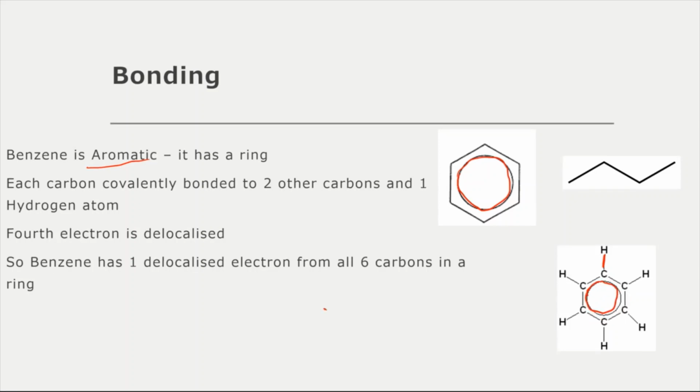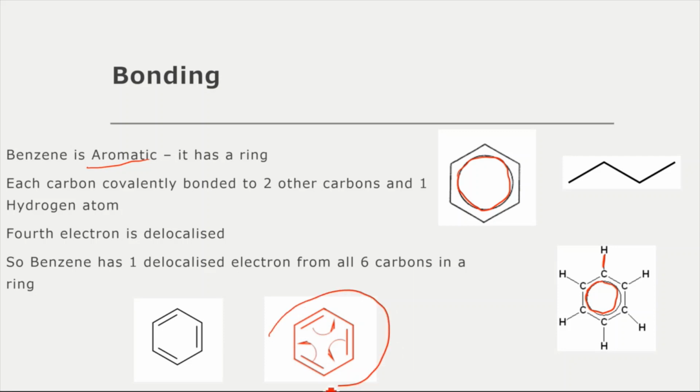So why does it form that ring? If we say that this is how benzene looks, with a series of double and single bonds, one of the electrons from the p orbital becomes delocalized, and that delocalized electron does not stay in one place, so it moves around. It will go from the double bond to the single bond, and that will form the double bond in a different place, and this will keep happening.